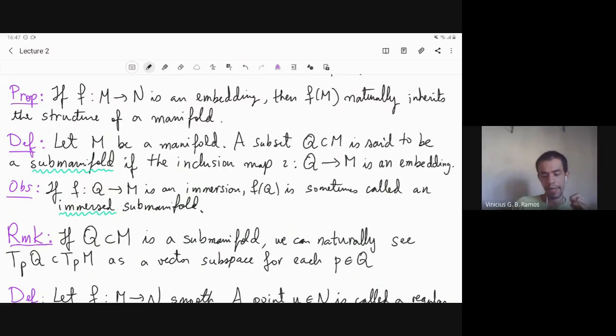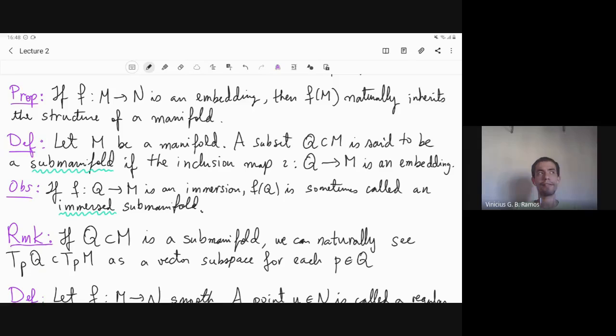Okay? This kind of situation is what's called a submanifold. So what is a submanifold? A submanifold is a subset of M which happens to be a manifold in its own right, such that the inclusion map is an embedding. So that means, in particular, that it inherits a manifold structure from M. There are some nice local form theorems for submanifolds.